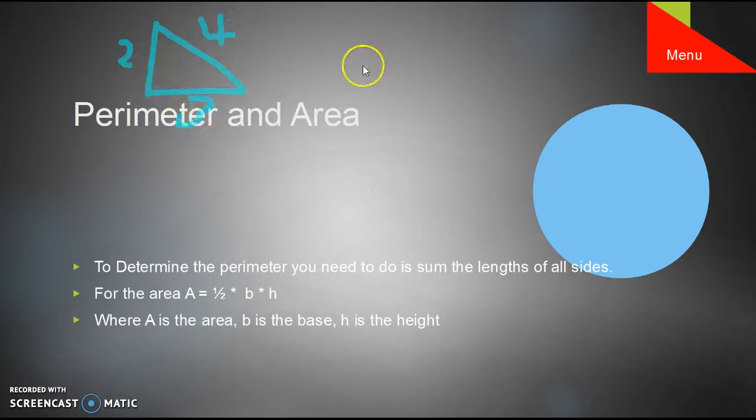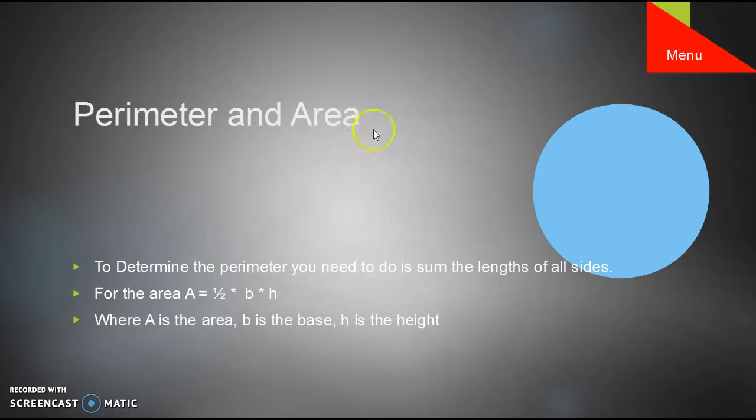So its perimeter will be 9, because 2 plus 3 plus 4 equals 9. So for the area of a triangle, it's 1/2 the base times the height.